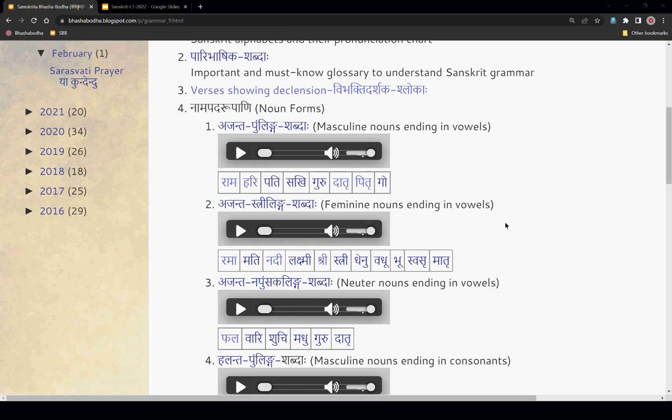So, I see that many of you have registered for the Karakam class, which is great and will be helpful to understand which vibhaktis are used. It is basically a study about the roles of various words, nouns, in a sentence.